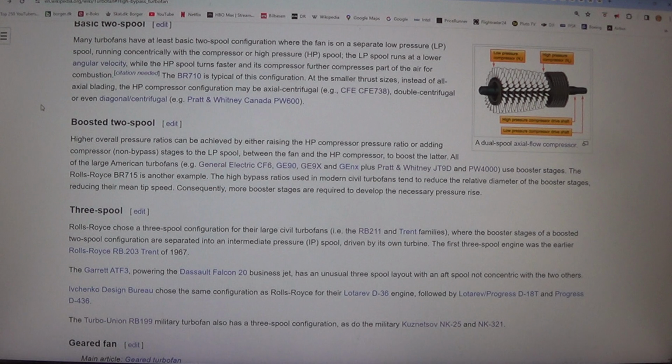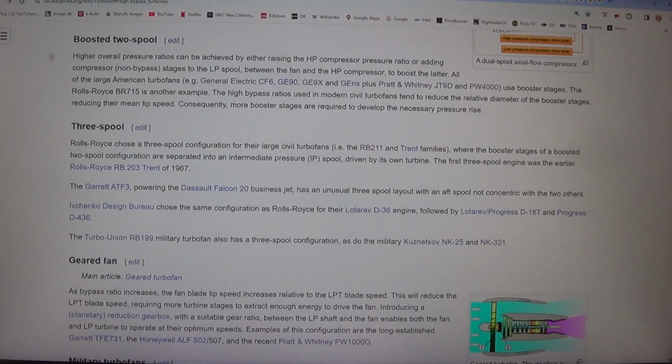Boosted two-spool. Higher overall pressure ratios can be achieved by either raising the HP compressor pressure ratio or adding compressor, non-bypass, stages to the LP spool, between the fan and the HP compressor, to boost the latter. All of the large American turbofans, for example General Electric CF6, GE90, GE9X and GEnx plus Pratt & Whitney JT9D and PW4000, use booster stages.